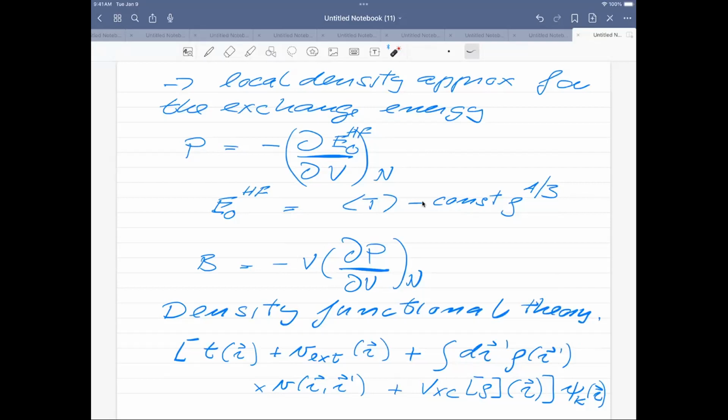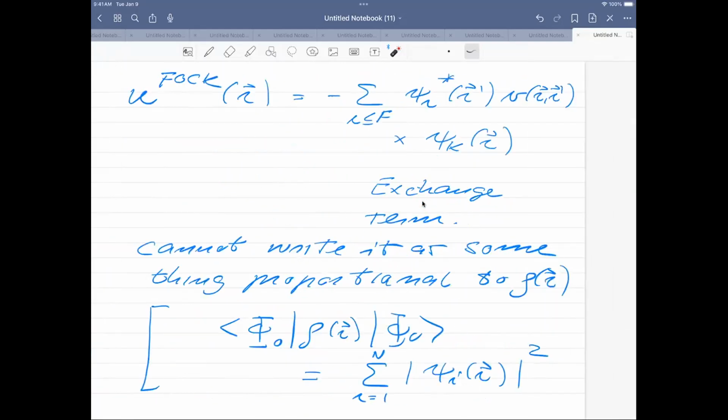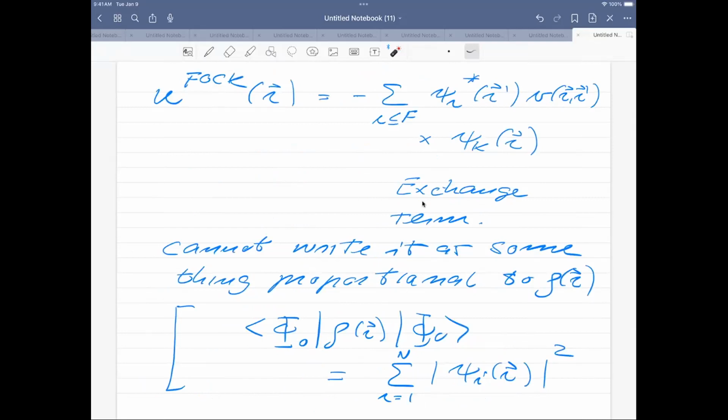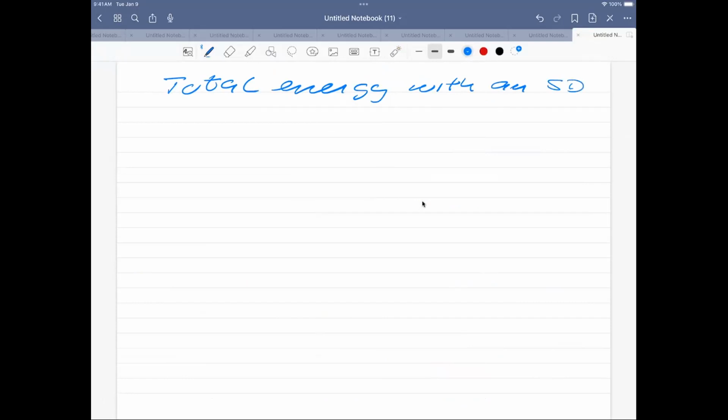So if we now look at the energy which we had when we had just one Slater determinant, let me just remind you of the total energy of the system with just one Slater determinant, and let's just call this for simplicity phi 0.